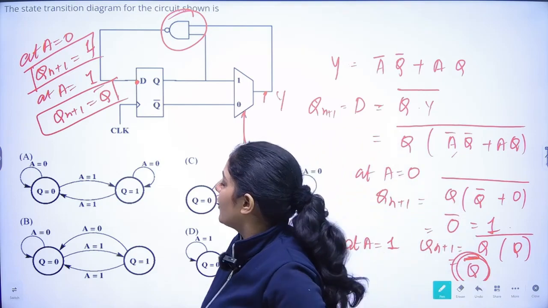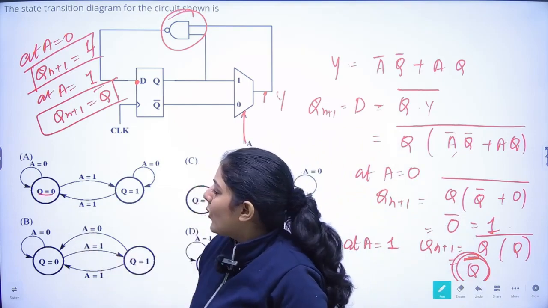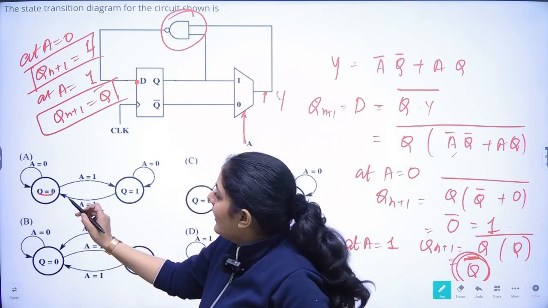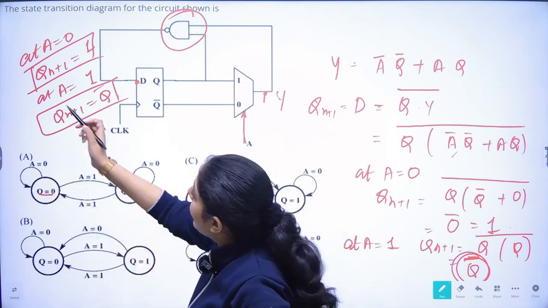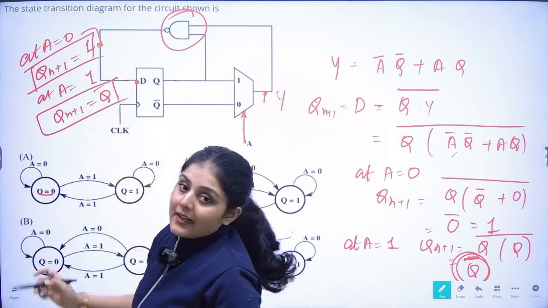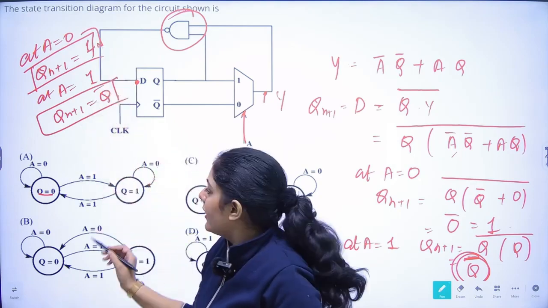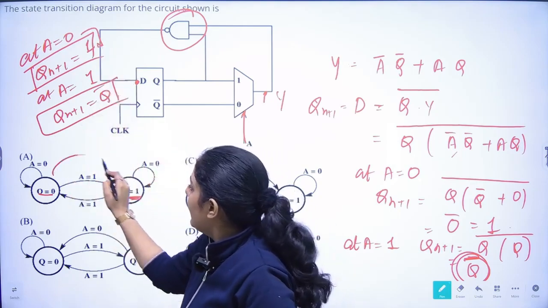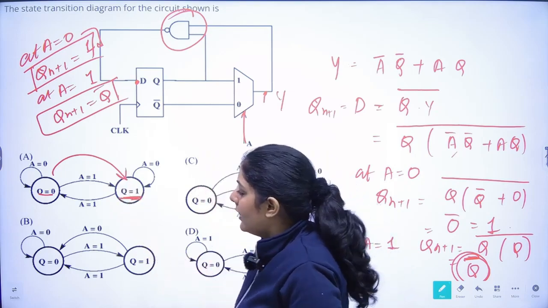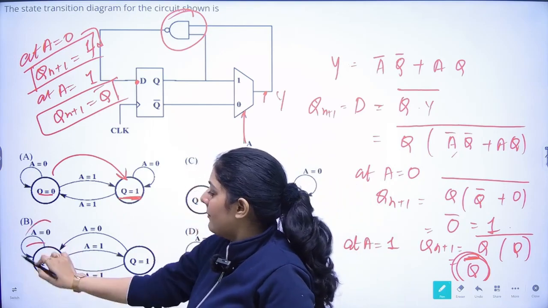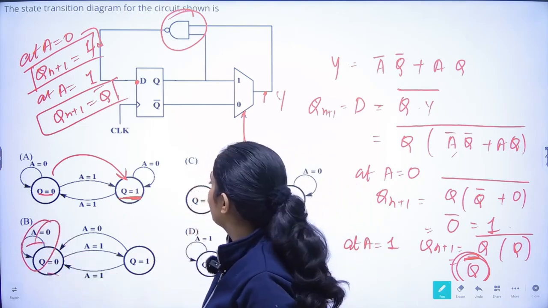Now the first FSM, if you see, at Q equal to 0, A equal to 0 is coming back to 0. No, it's not true, because when A is equal to 0, the next state should always be 1. For B, again it is coming back to 0 when A is equal to 0.